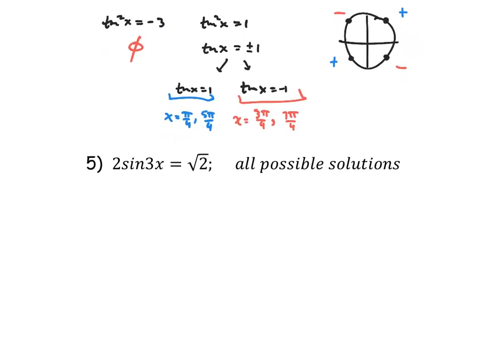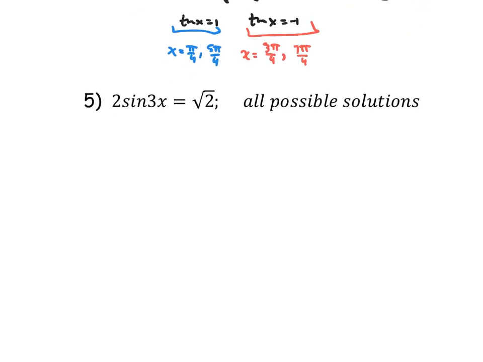Okay, let's look at one last question, and let's find all possible solutions here. So let's first start by dividing, make that a 3x, by the 2 on the left side. So square root of 2 over 2 should tell you you're working with some form of pi over 4. Okay, now this is going to be quite interesting because we're looking for all possible solutions.